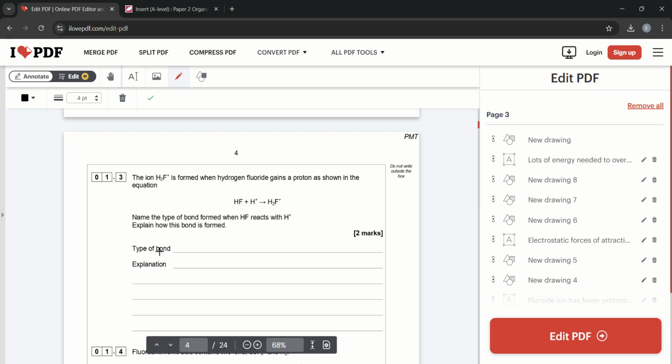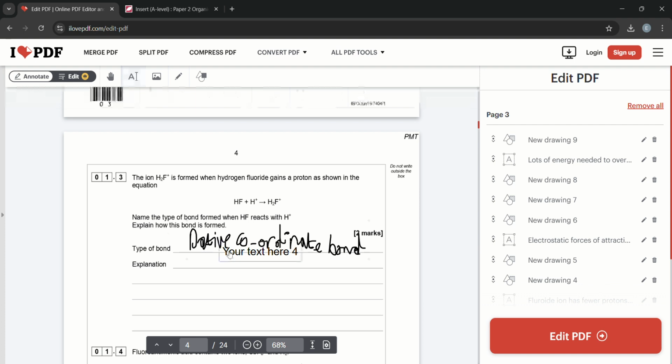1.3. The ion H2F+ is formed when hydrogen fluoride gains a proton as shown in the equation. Name the type of bond formed. It's going to be dative. Like I said, anytime it usually says name type of bond formed, and you can clearly see it's the bonding topic, it's usually always dative, coordinate bond.